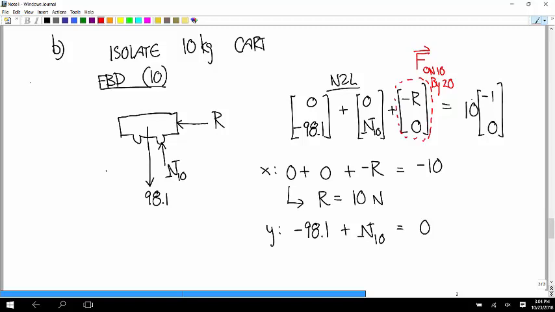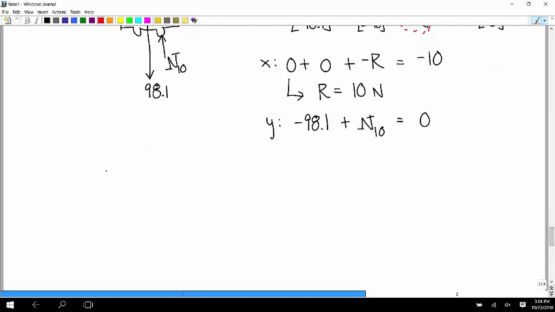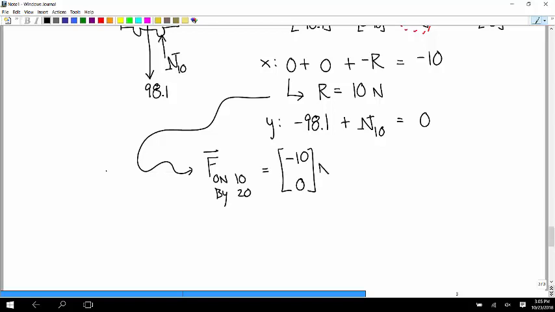Now algebraically we solve for R. So now we just take this value and plug it back in there, and that gives the force vector. So the force on the 10 by the 20 is negative 10, 0 newtons.